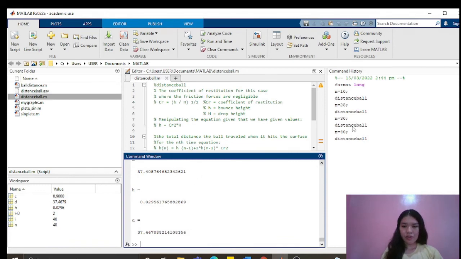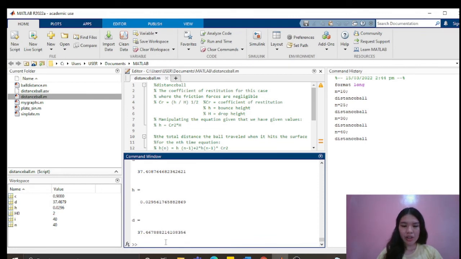From the bounce 30, we have 36. Then in bounce 40, we have 37, 37, 37.